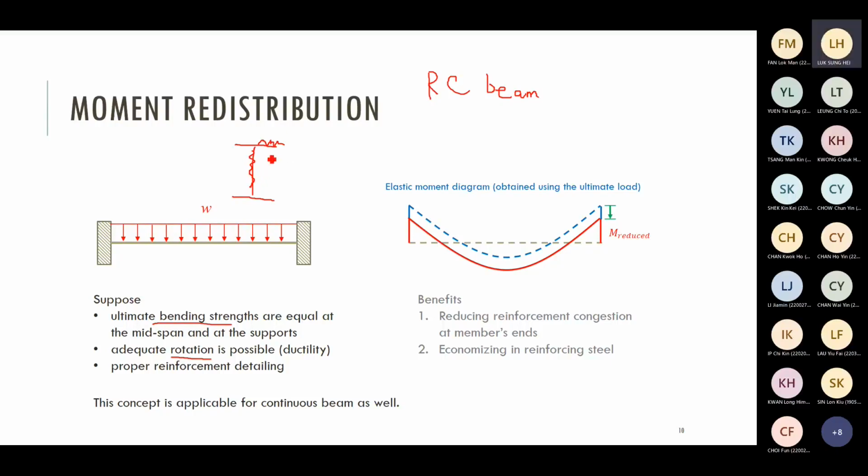If the member has the issue of local plate buckling, then the rotation capacity is normally small. Then you cannot utilize this kind of plastic rotation. For RC beam, it relies on your reinforcement detailing.